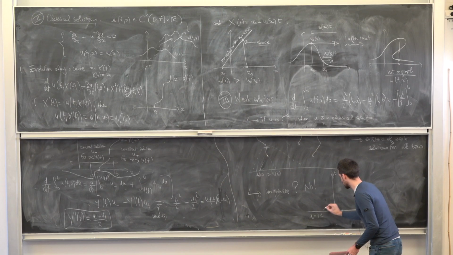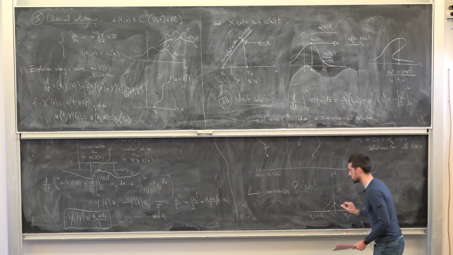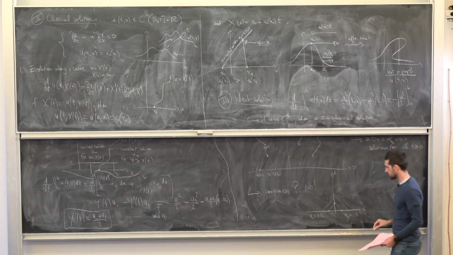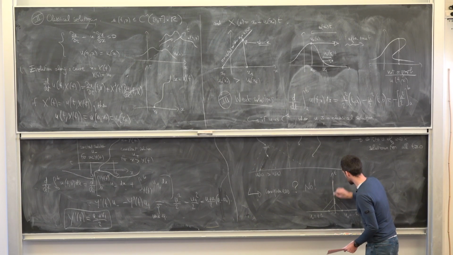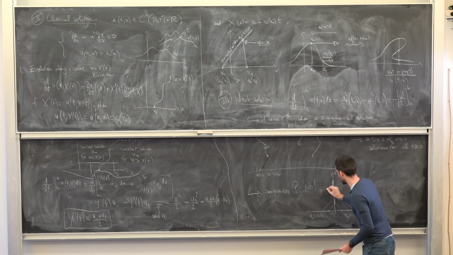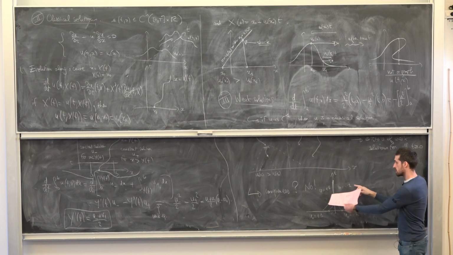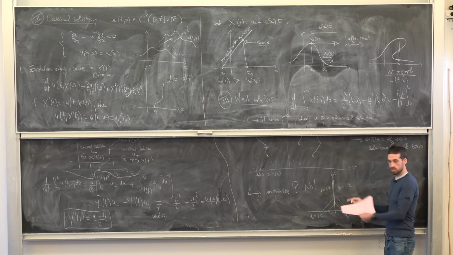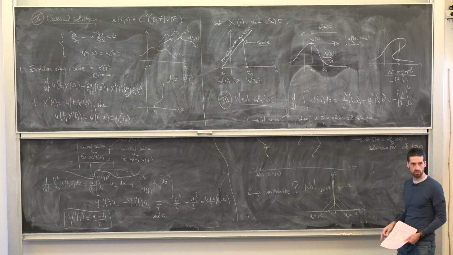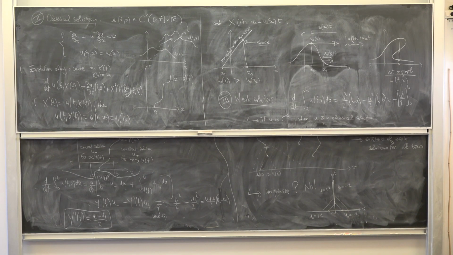Then you know that here you have your characteristics like that, here you have your characteristics like that, here you're creating a shock. So what you could do is put a shock here, here you take u equal +1, here you take u equal -1, and you see that the average of these two values is 0, this is the slope of my curve. You're happy, you have your weak solution.